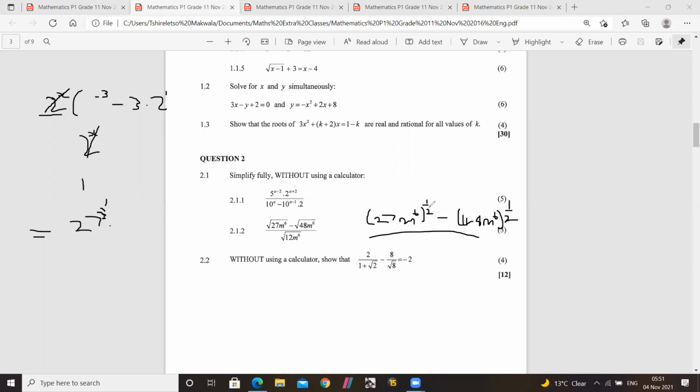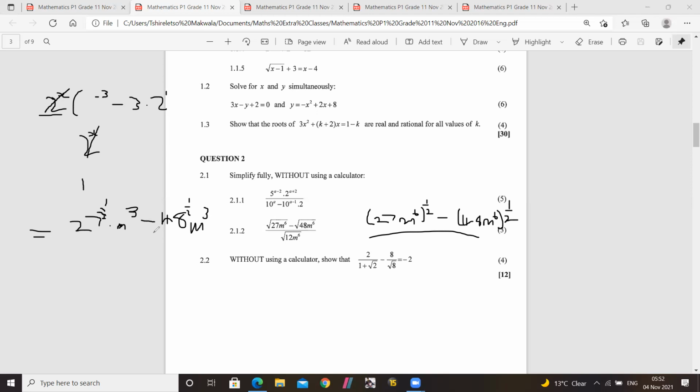So this is going to be 6 divided by 2, so it's going to be m to the power of 3, minus 48 to the power of a half, because it's essentially 48 to the power of 1. Then 1 times a half is a half, and 6 times a half is 3. So here it's going to be m to the power of 3.